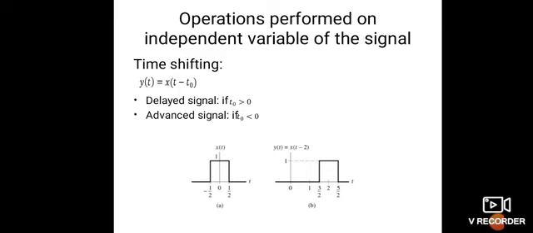The signal width is the same: minus half to plus half is 1, and 3 by 2 to 5 by 2 is also 1. Previously it started from minus half and now it starts from 3 by 2. So it is a delayed signal because it started later than the previous one.